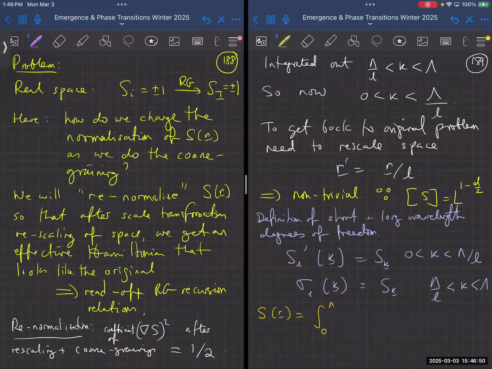It's the integral from 0 to lambda over L, d^d k over 2 pi to the d, S k e to the i k dot r, and then I have the integral from lambda over L to lambda, d^d k over 2 pi to the d, S of k e to the i k dot r.